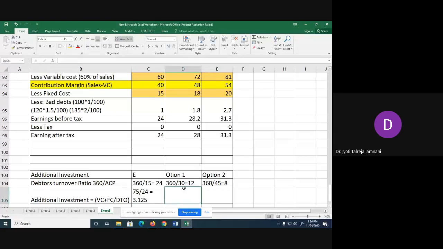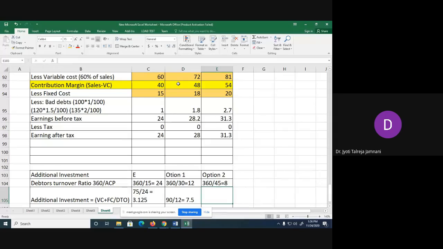Then next 72 plus 18, 90 divided by 12, 7.5 you get.